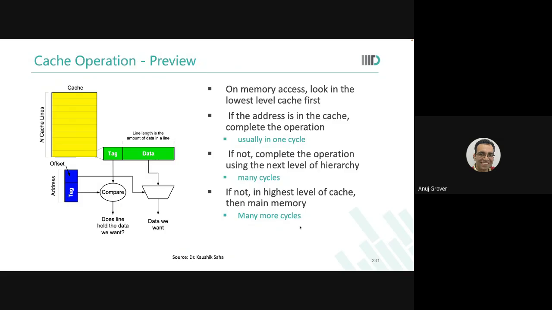The index bits will be required to first see which cache line or cache row to access, and then it reads the whole cache line with the tag and data, and then the comparator checks the requested tag against the stored tag, and if they match, it's a cache hit. If not, then it's a cache miss.